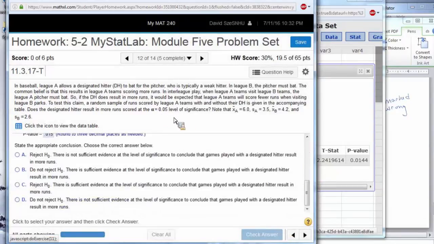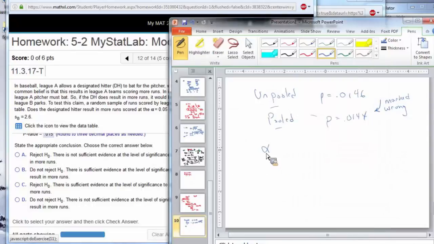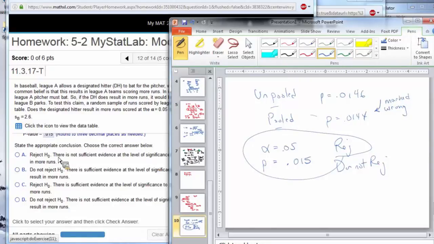So alpha equals 0.05. P is 0.15. Is this a reject or do not reject? It is definitely a reject. P is low. So we reject.